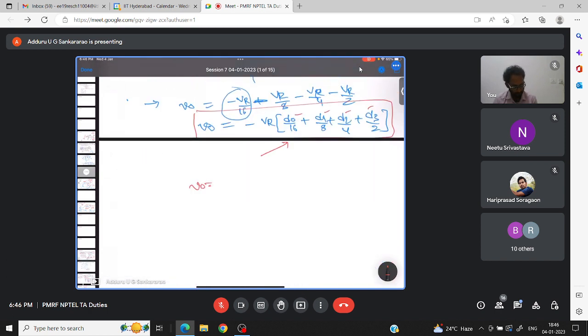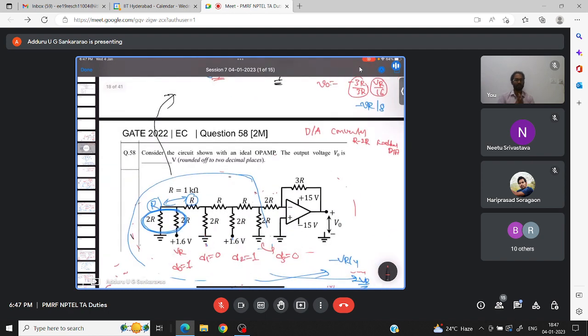So what is V0? Minus VR, which is 1.6 volts, times D0 is 1, so 1 by 16 plus D1 is 0 by 8 plus D2 is 1 by 4 plus D3 is 0 by 2. So minus 1.6 times 1 by 16 plus 1 by 4, that is 5 by 16. So minus 0.5 volts is the output. The negative sign is due to the inverting amplifier. Have you understood?